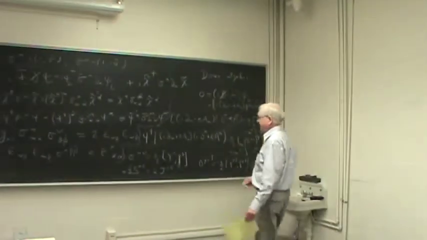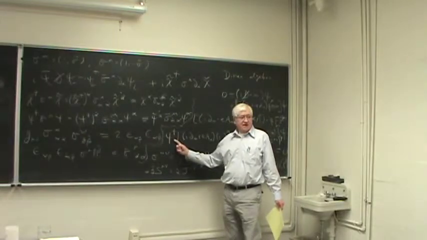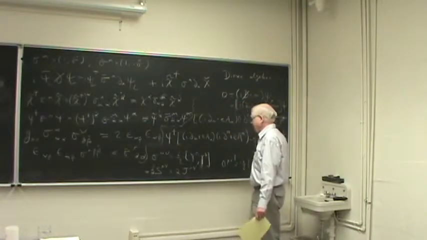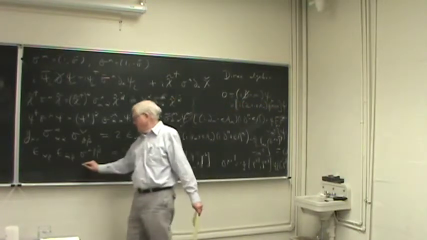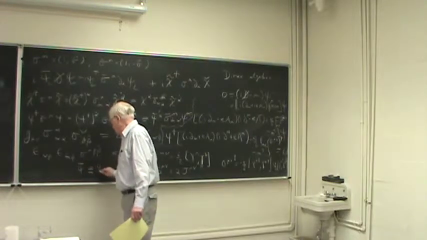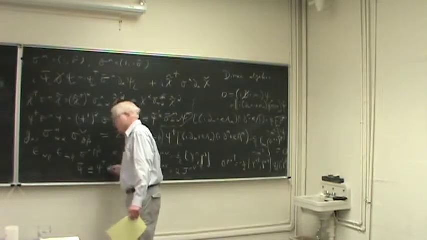But before I do that, I want to take advantage of the fact that gamma 0 squared is 1, so I'm going to put in gamma 0 squared here. In fact, psi bar, by definition, is psi dagger gamma 0.